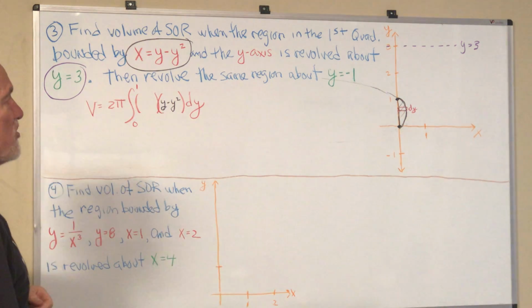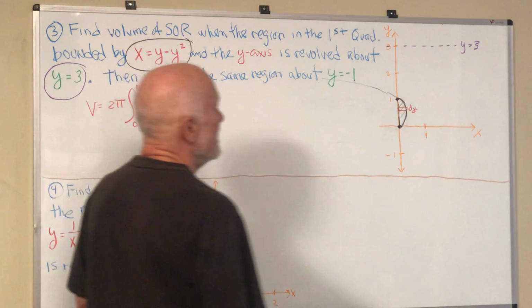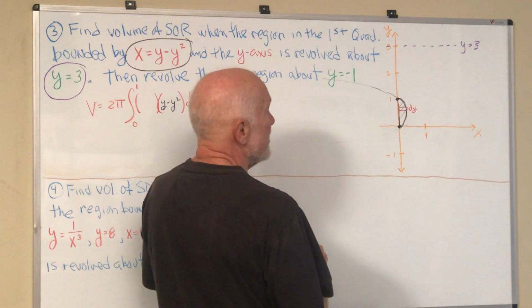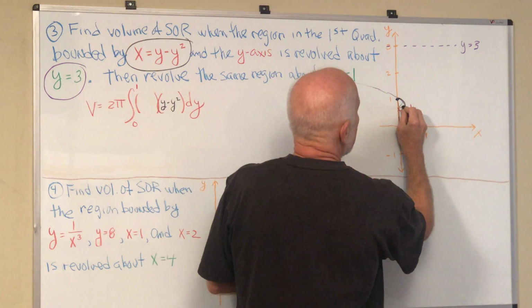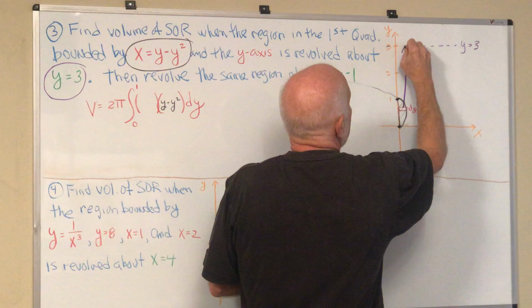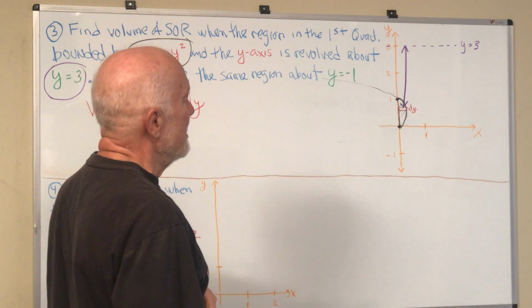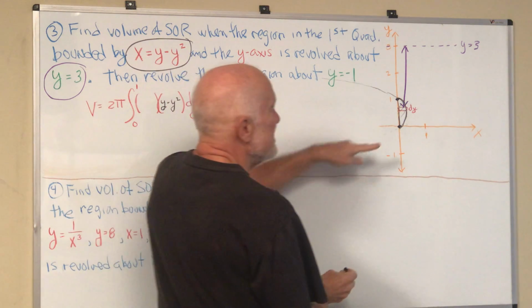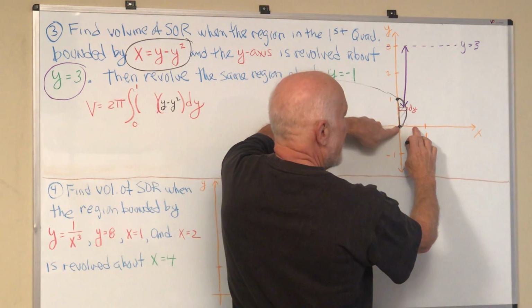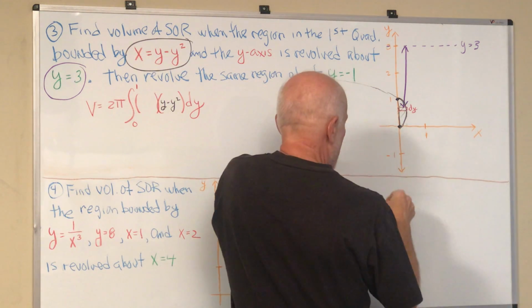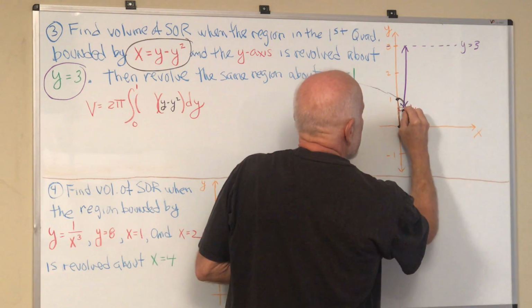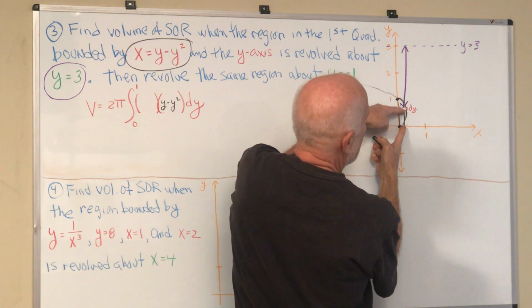And then, what's the radius? Okay, so this is a little bit different, but the radius would be that vertical distance there. Well, what do we call the distance up from the x-axis? We would call this distance from here to here y.